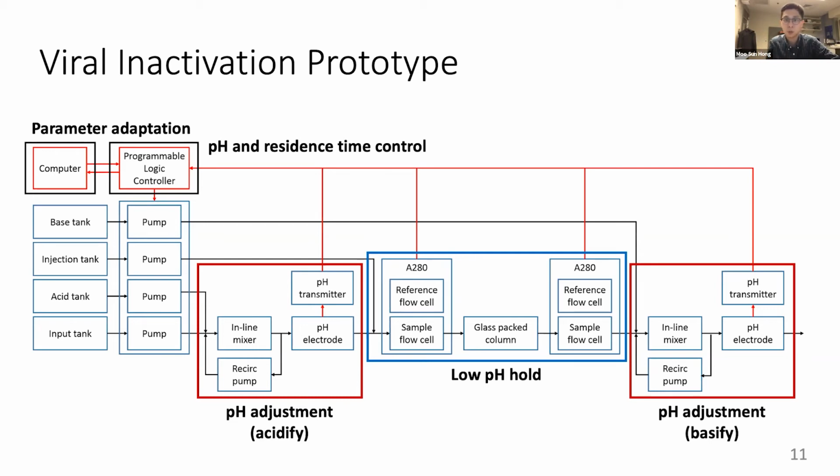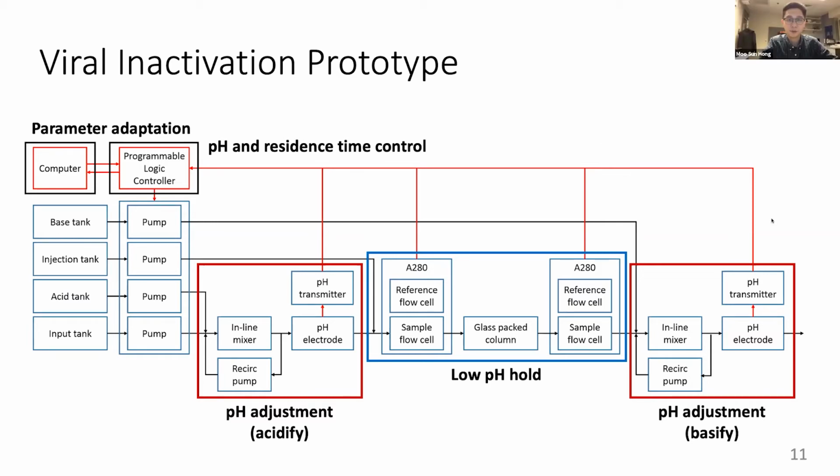We want to make that residence time distribution less dispersed and very controlled at a specific time. Gotcha. So that's what you're trying to affect overall. Yeah, that's the overall goal of the system, so that we have the accurate low pH maintained for the accurate amount of time. Gotcha. Thanks.